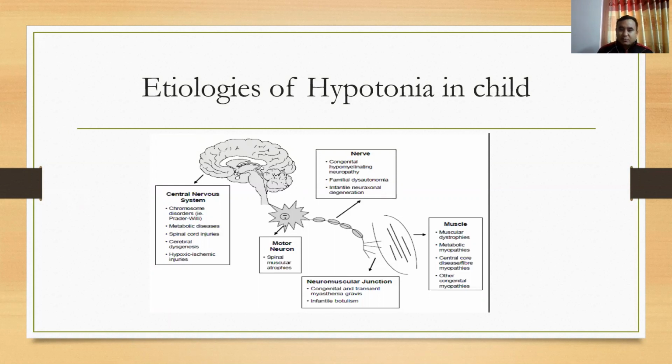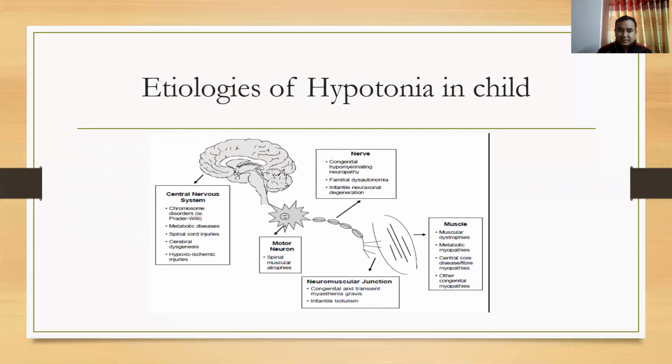Similarly, other chromosomal disorders like Down syndrome, Edwards syndrome, Patau syndrome can cause hypotonia in the child. And there are different metabolic diseases that can cause hypotonia, especially the inborn errors of metabolism.